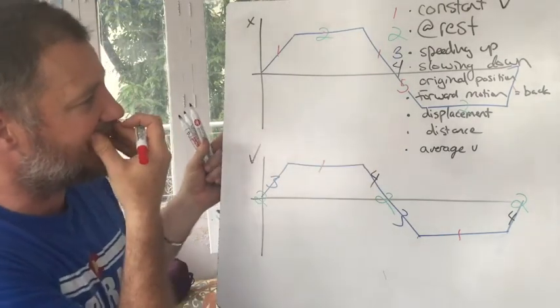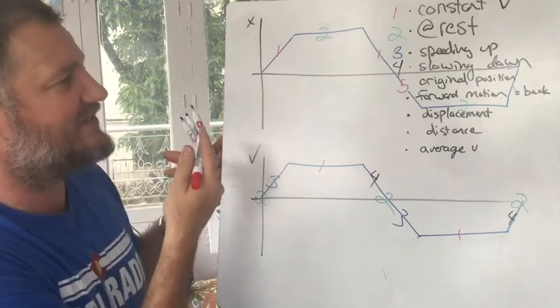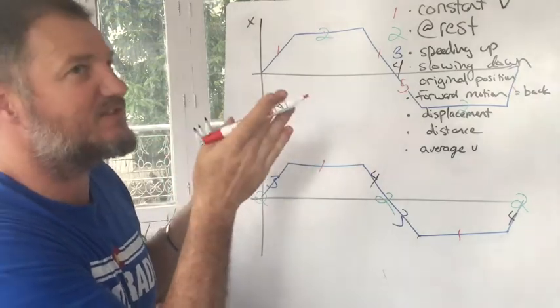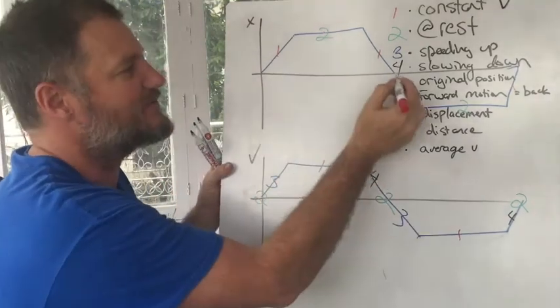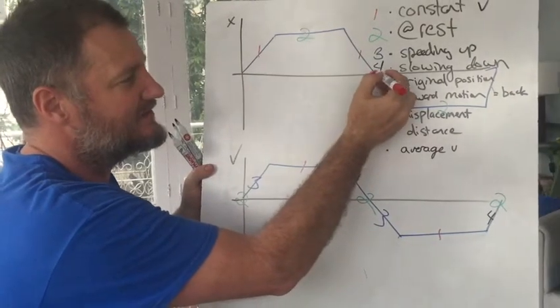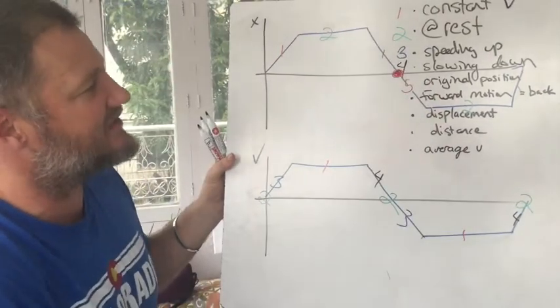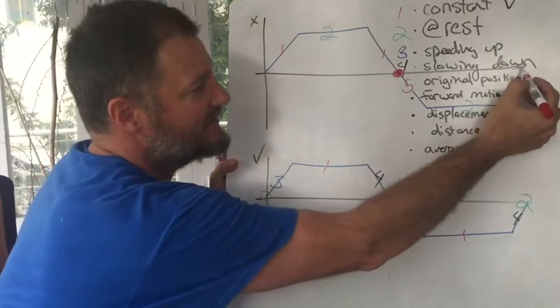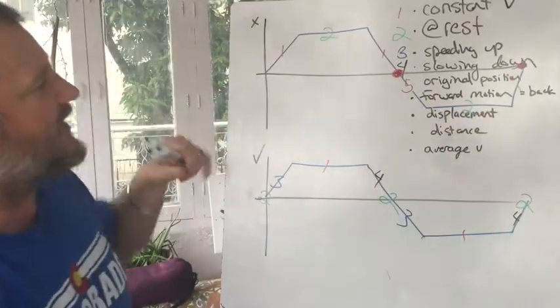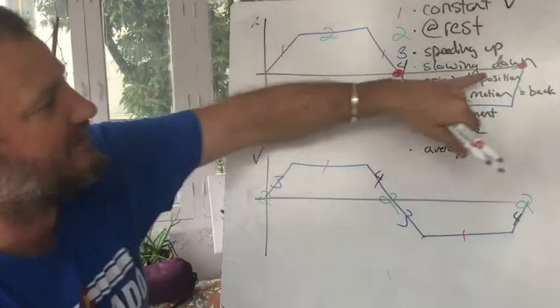In that case, right here, where is its position? The same as where it started? Well, it comes back to where it started right here. And then it comes back to where it started right here. Because it's position 0 right there and right here.